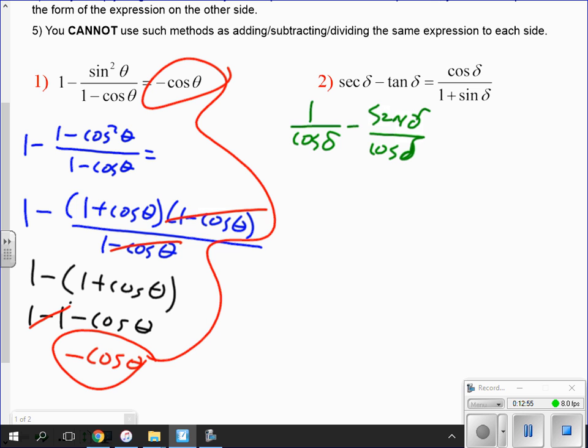What do you think the next step should be? Just subtract them. They already have a common denominator, right? Combine them up into one fraction. So I have 1 minus sine of delta over the cosine of delta, and next time I'm going to change that variable.